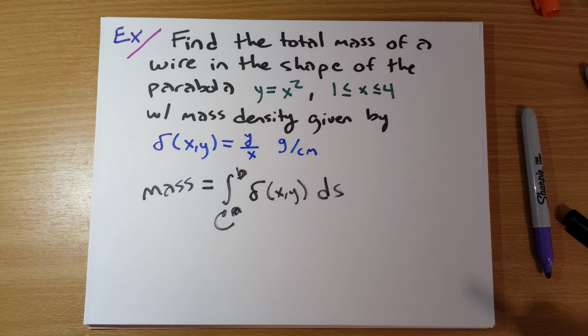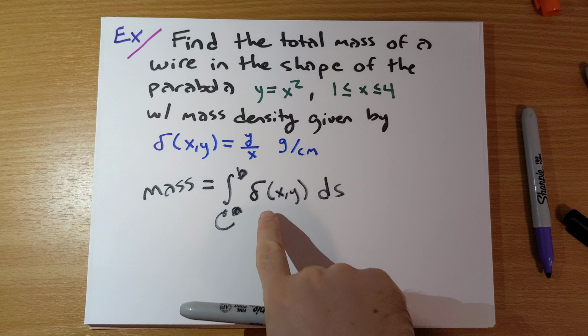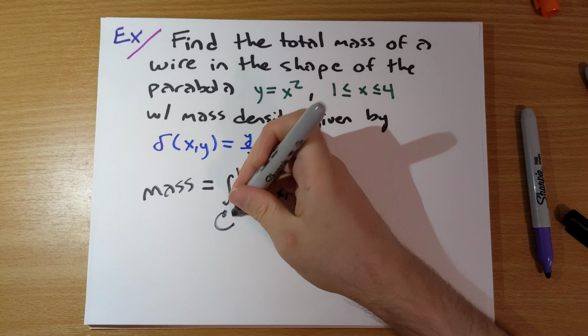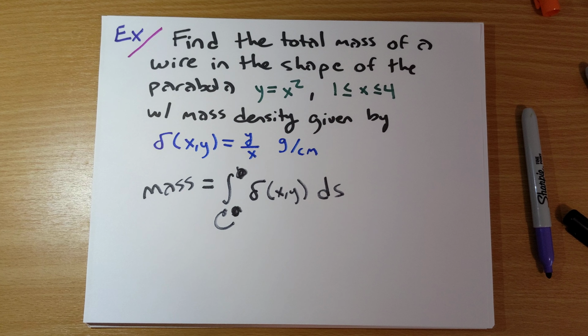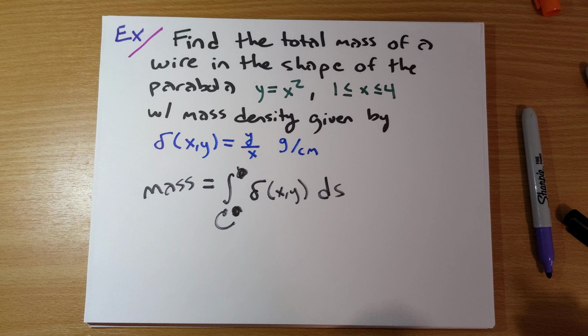So we have to get a parameterization down, take our parameterization, substitute into delta. So now delta is depending on t, not on x and y, multiplied by the magnitude of the derivative of the parameterization. And when we do the integral, we end up getting the overall mass. So integrating density gives you the total mass, and that should make sense.